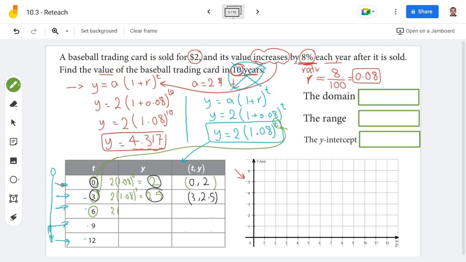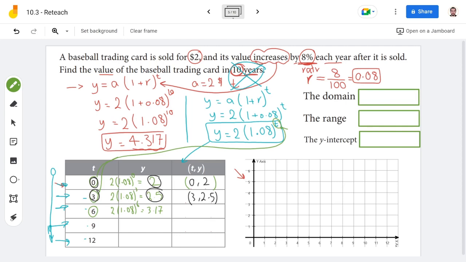Now let's test number 6. So 2 times 1.08 to the power of 6. Also, you can do the same by using the calculator. Let's replace 3 with 6. Now the answer is 3.17, I think. Let me just remember.